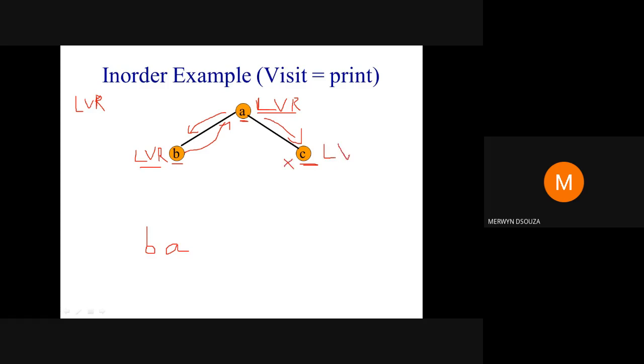So you will visit. Visit means write in the output. Then you will try to go to the right subtree. There is again no right subtree here. So you have done all the steps for this node. Go back up here. Any steps remaining? No. So the in-order traversal for this tree will be BAC.